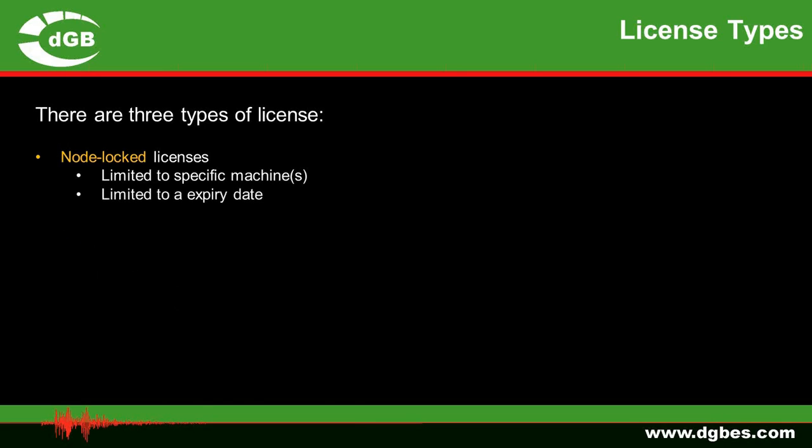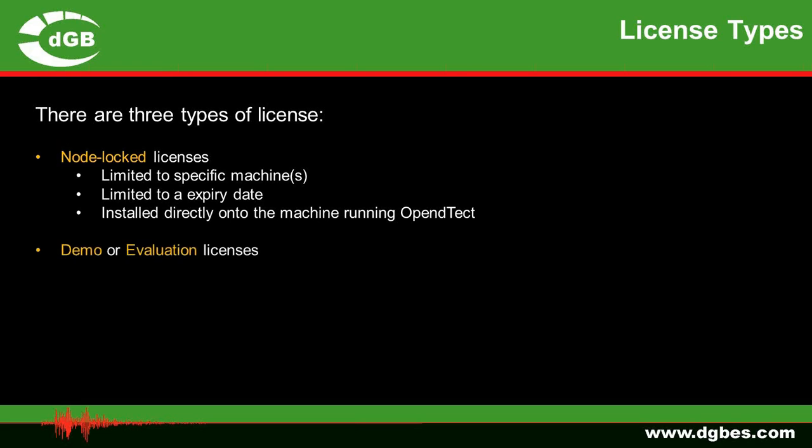So there are three types of license. There are node-lock licenses. These are limited to specific machines. They are also limited to an expiry date. And these can be installed directly onto the machine that's running OpendTect. There are demo or evaluation licenses.